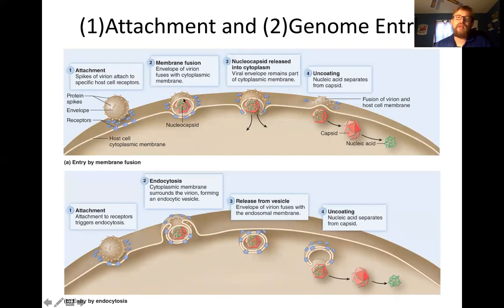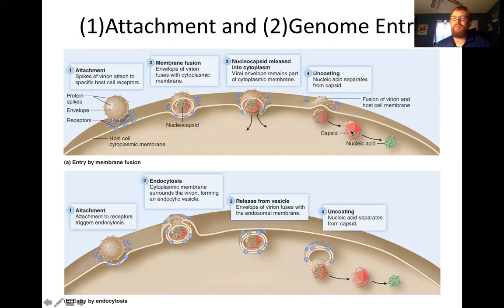They bind to those receptors, and they cause the membrane to open up, and it's the nucleocapsid, the capsid with the nucleic acid inside of it, that enters the cell. So it does not bring its envelope in with it.